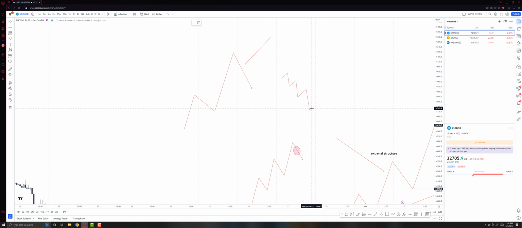So for me to look for a buy, I need to wait for the market to break structure or get to our order block and give me some price action that tells me the market is looking to continue the overall trend, which is the buy structure. This is basically what we have to make sure we understand when we're looking to trade.